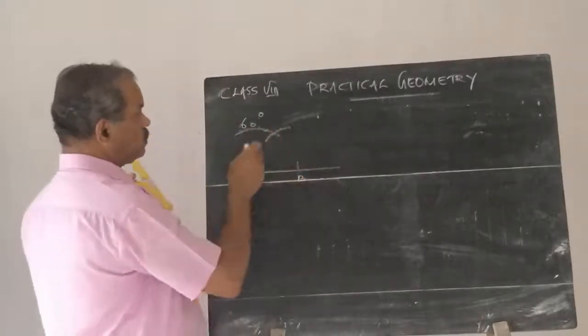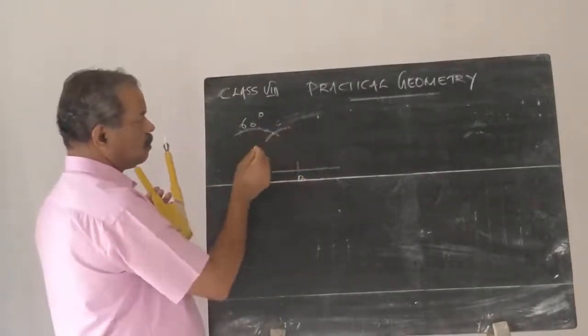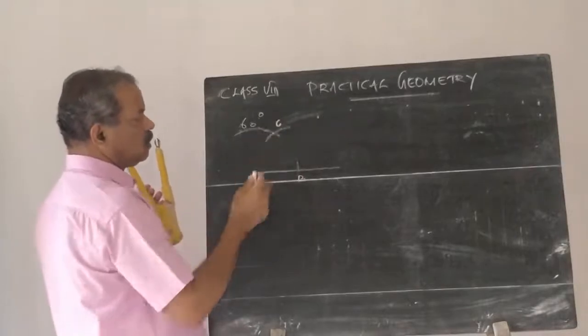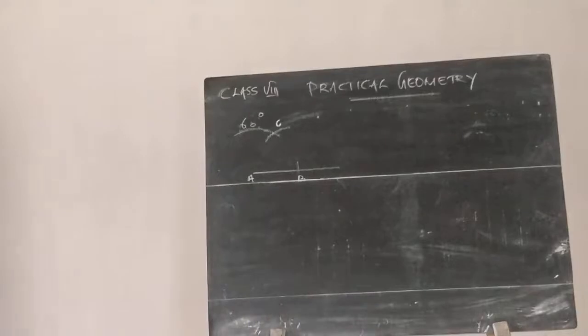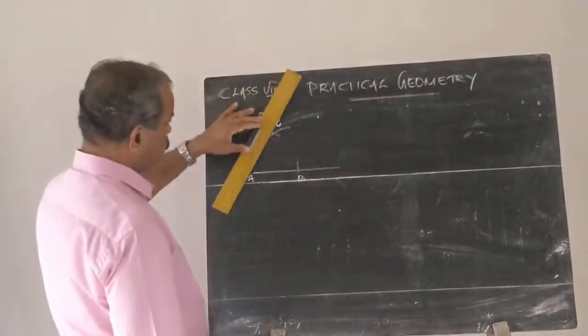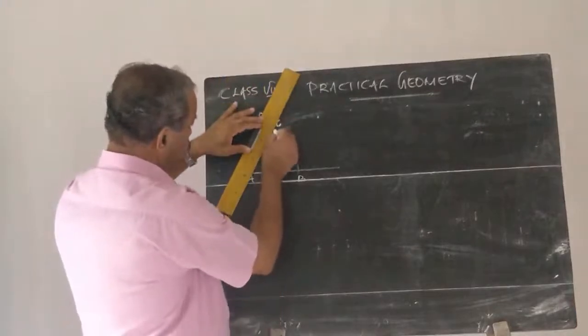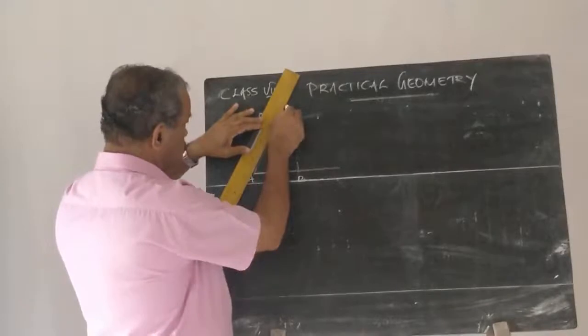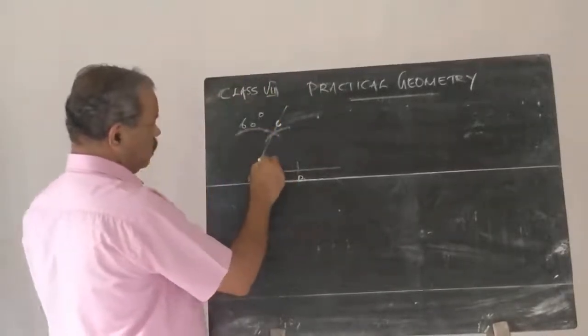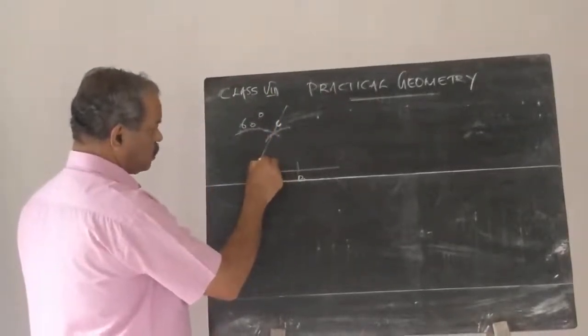Let this point be C. See, what is the angle made at A? What is the measure of AC? Angle BAC, what is the angle measure of this?